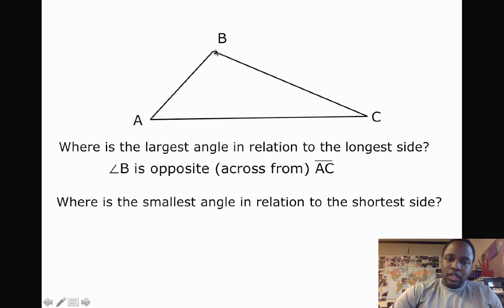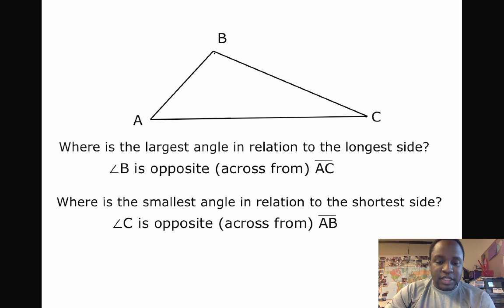Now, where is the smallest angle in relation to the shortest side? Well, AB looks to be the shortest side, and angle C seems to be the smallest angle. And so, angle C is opposite or across from side AB.